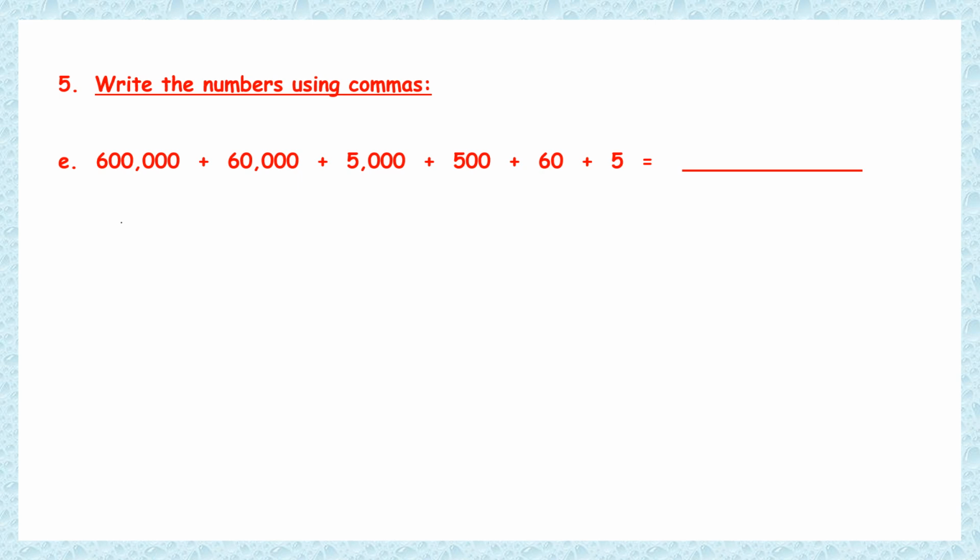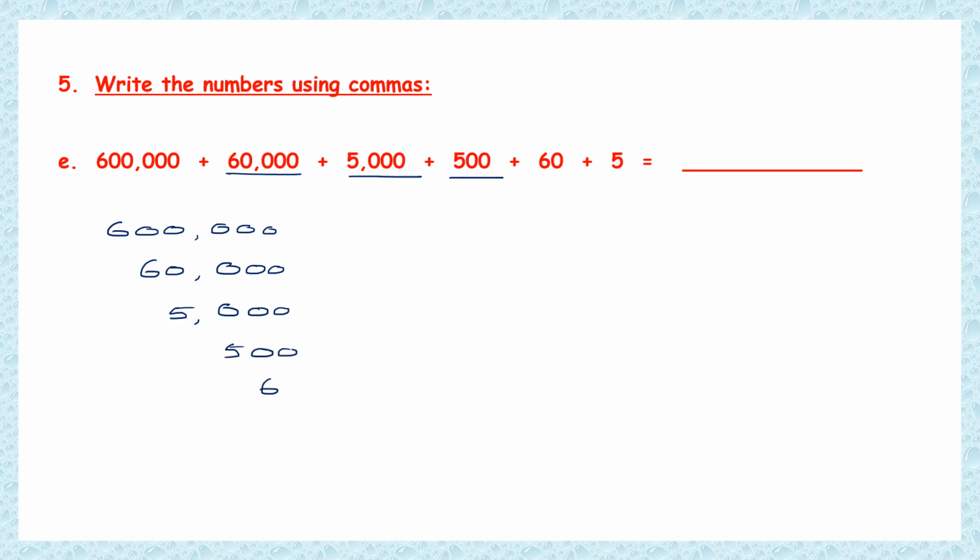So let's begin by adding 600,000 plus 60,000. So put it again in the correct columns. 60,000 plus 5,000. So 5,000 plus 500. So again 500 should be here. Then we have 60 plus 5. So now we can add up all these numbers and see what we get.